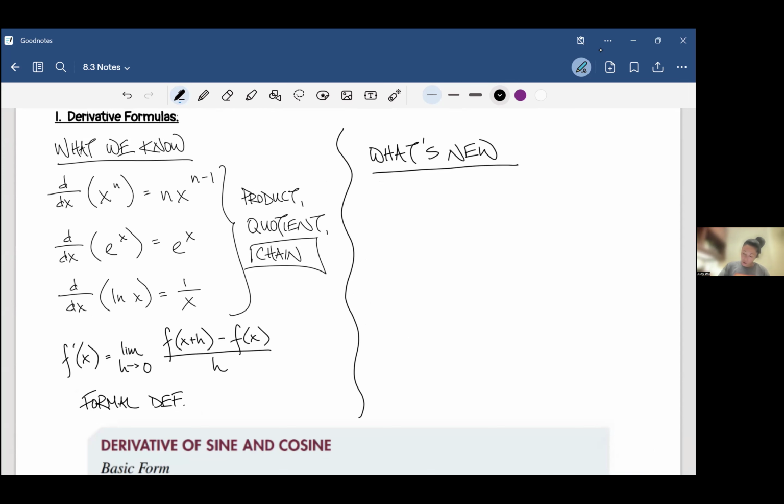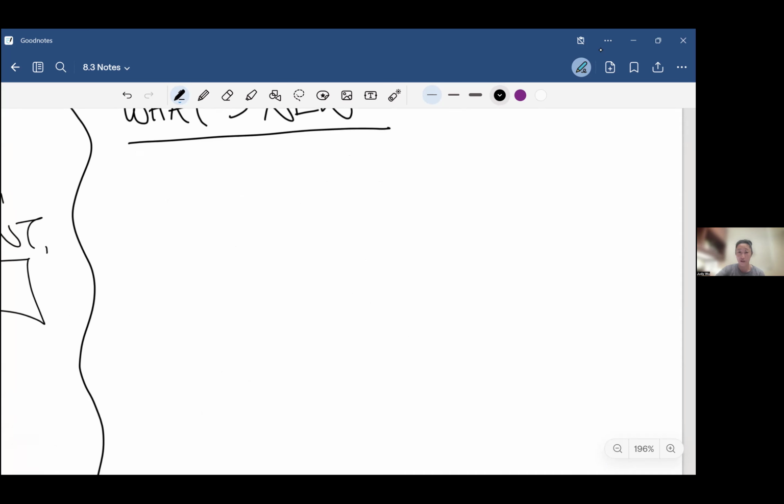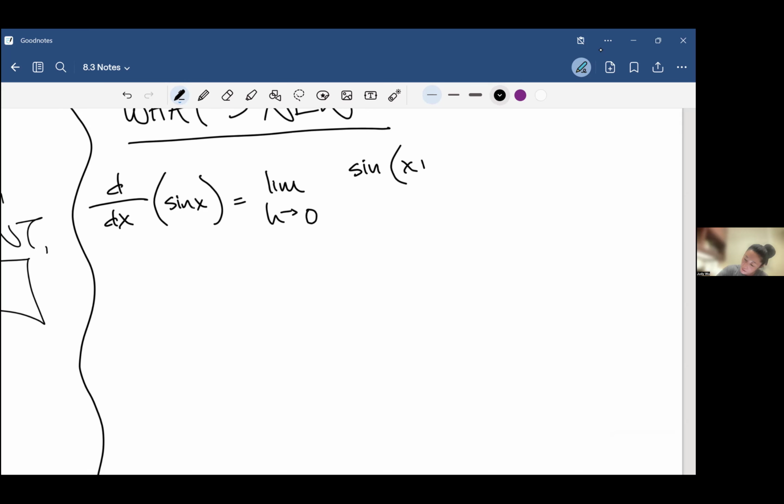What's new is that we can use this definition of a derivative to say, I want to find the derivative of sine of x. And I could find that if I took the limit as h approaches 0 of sine of x plus h minus sine of x, all over h. That works. We're not going to do it, but it works.